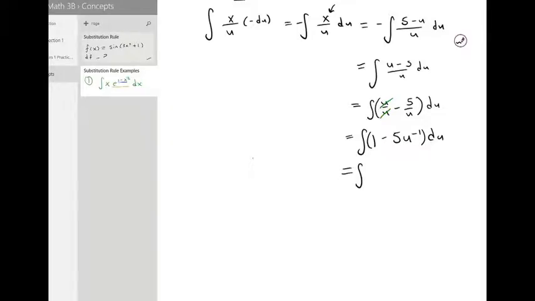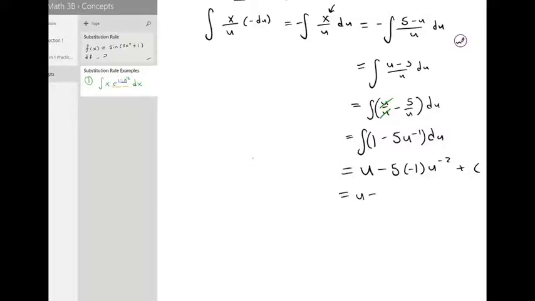We'll have the integral of 1 is u minus 5, and we want to integrate u to the negative 1. Well, we just pull the power out to the front, and then we subtract 1 from the power, plus c.